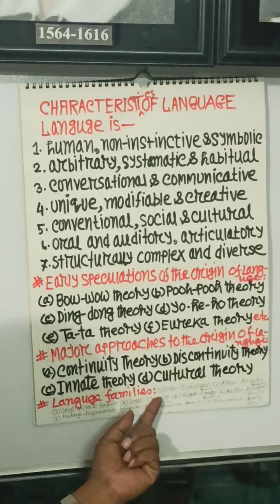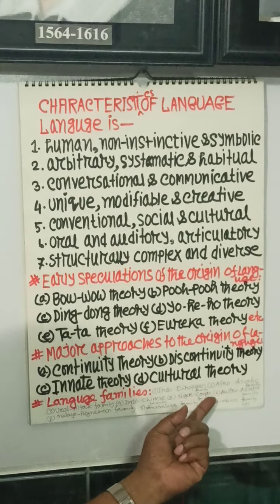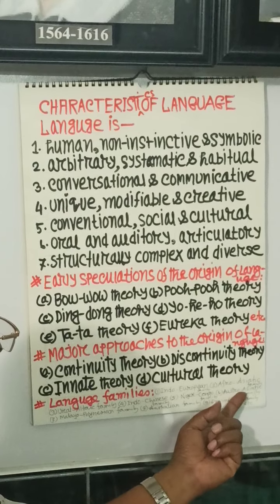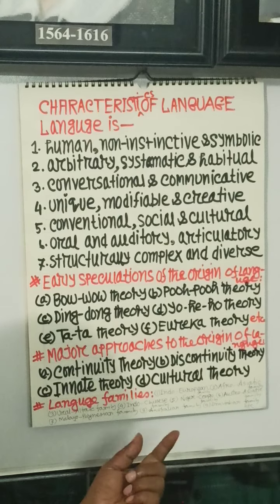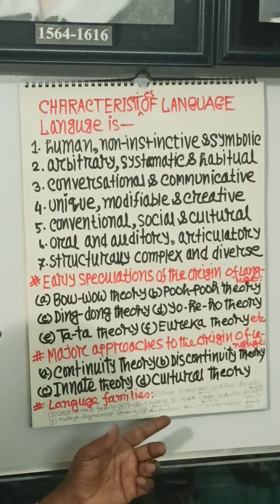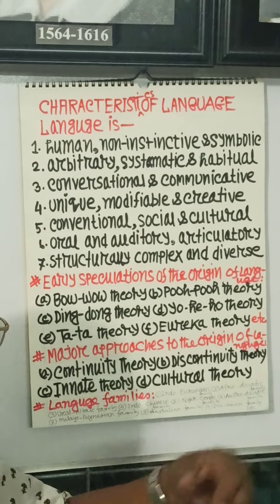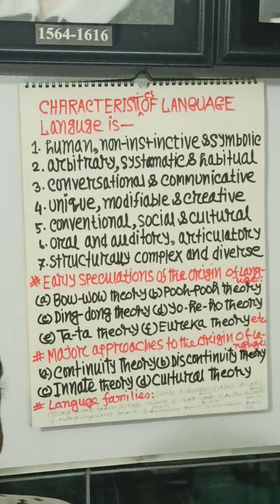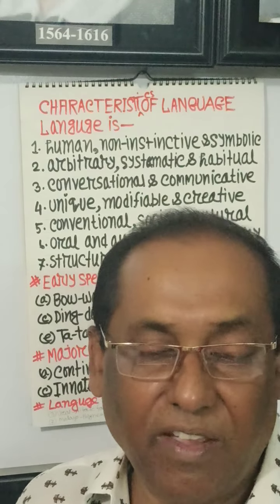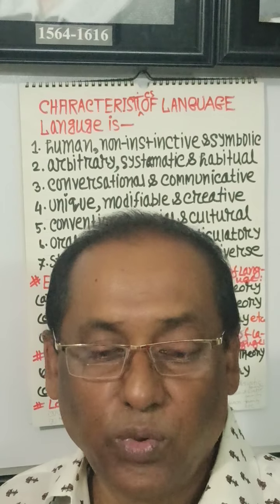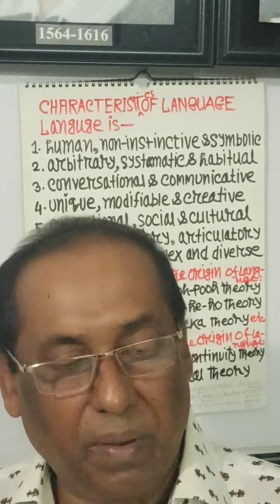Fourthly, Indo-Chinese family. Niger-Congo family. Austro-Asiatic family. Malayo-Polynesian family. Australian family. Dravidian family, etc. All these are the main language families that we can find in the existing period.